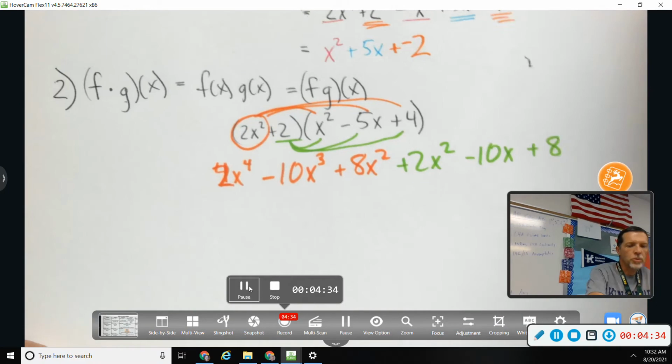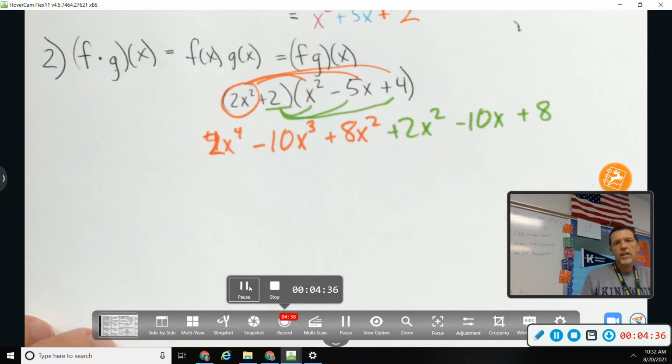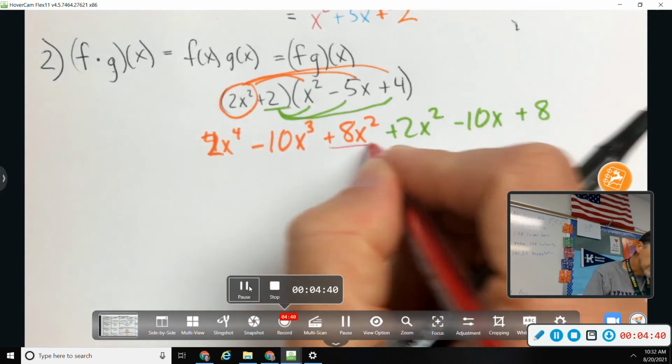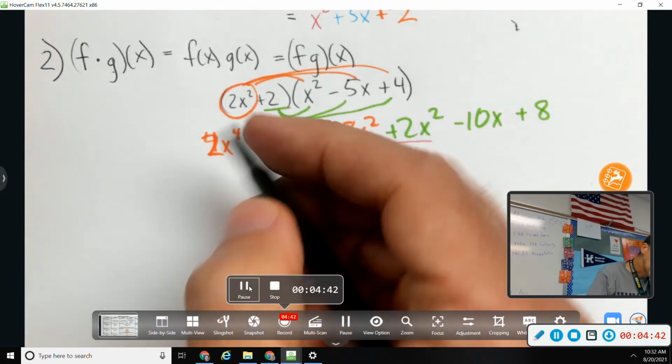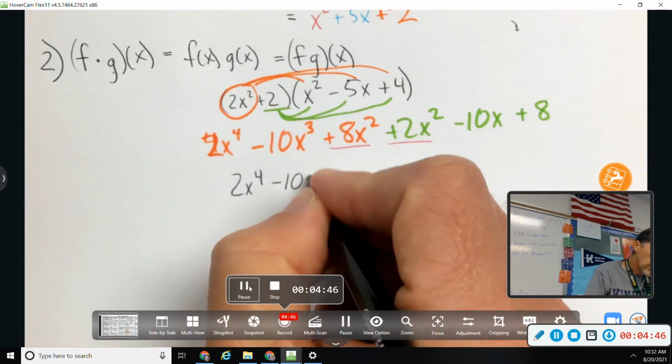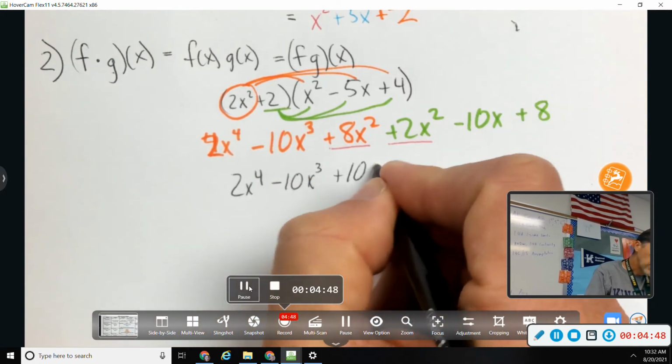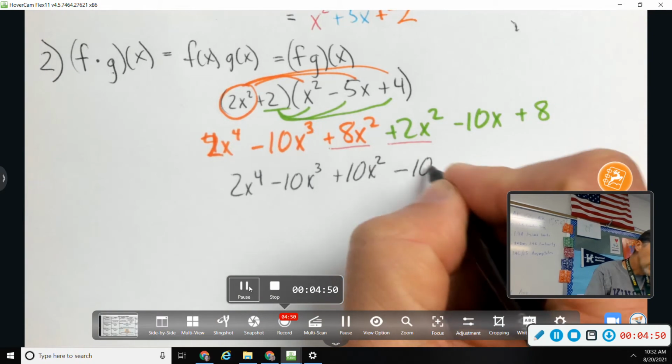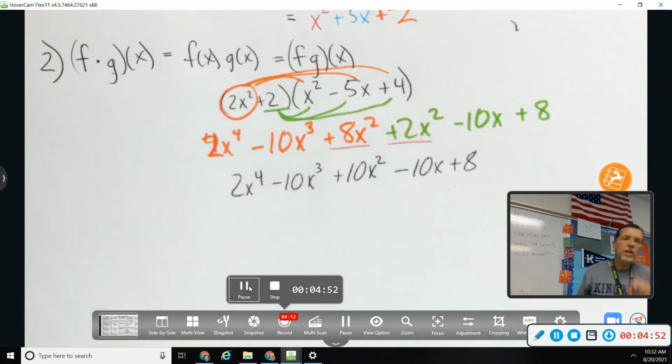So 6 terms to keep up with, and look for like terms. But the only ones are the 8x squared and the 2x squared. So 2x to the fourth minus 10x cubed plus 10x squared minus 10x plus 8. Let's not factor it. Let's leave it like that.